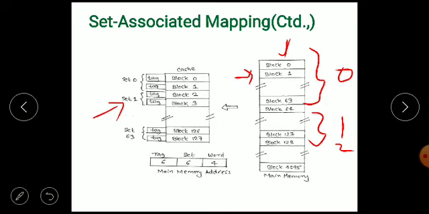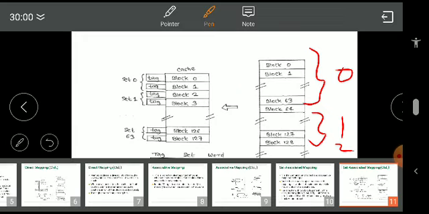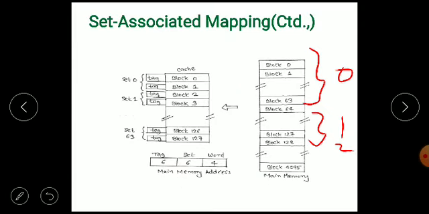In set 1 there are two blocks, so we can map the block into any one of them, either block 2 or block 3. For example, if you are going to move block 1 into the cache memory, it can be stored in block 2 or block 3.